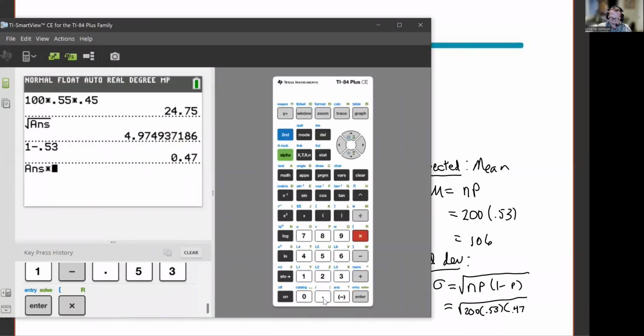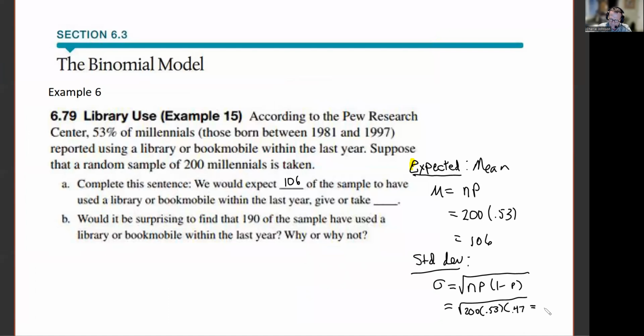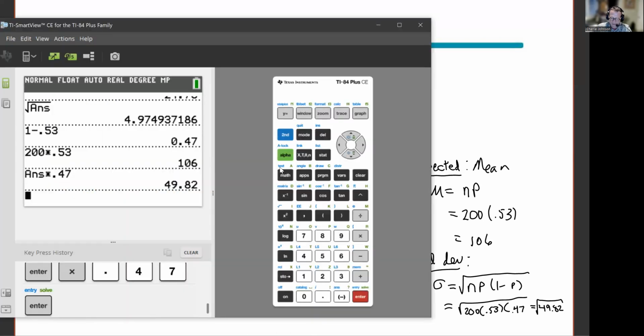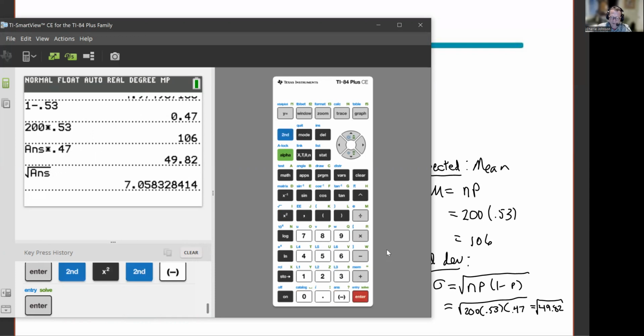So we'll multiply that by 0.53 and by 200. So 200 times 0.53, as we said, was 106, times 0.47 is equal to 49.82. And we want the square root of that, which is 7.058.